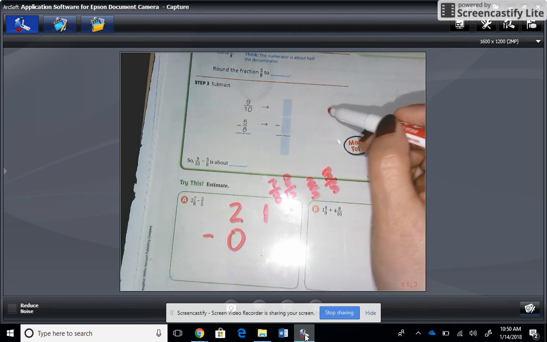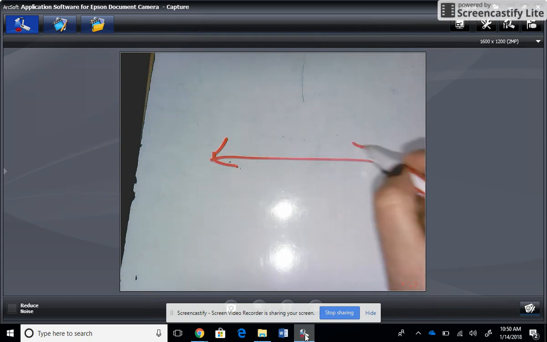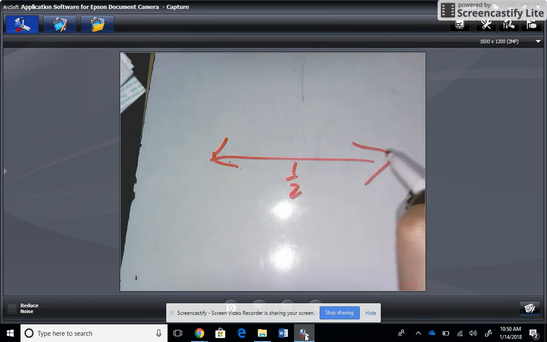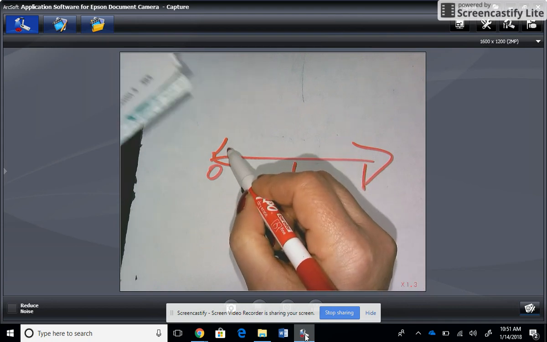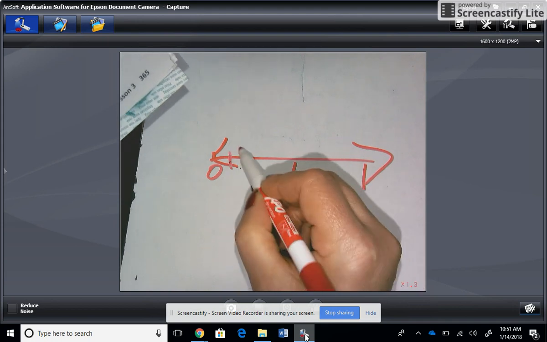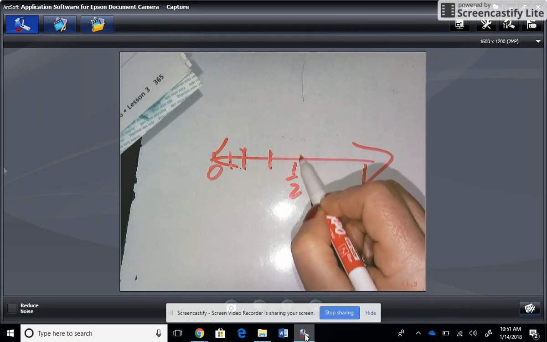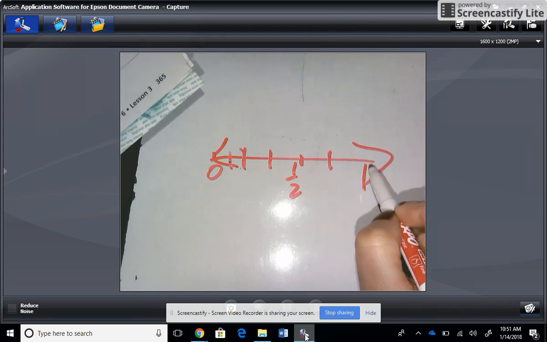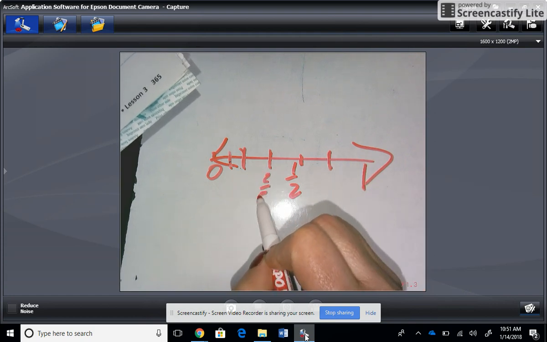2/5, if I look at my number line, let's go back to the number line. Or let's quickly make a number line. That will probably be smarter. And here's a half, here's a 0, and here's a whole. So I have to do fifths. So 1/5, 2/5, 3/5, 4/5, 5/5. So 2/5 would be right here.